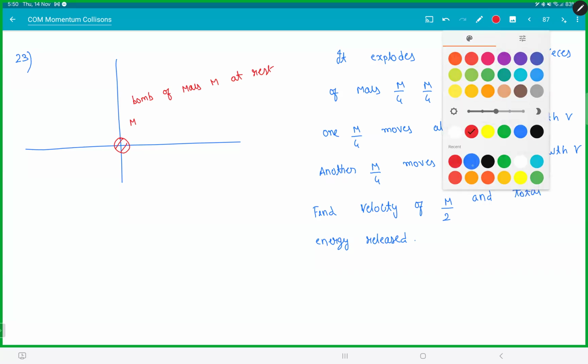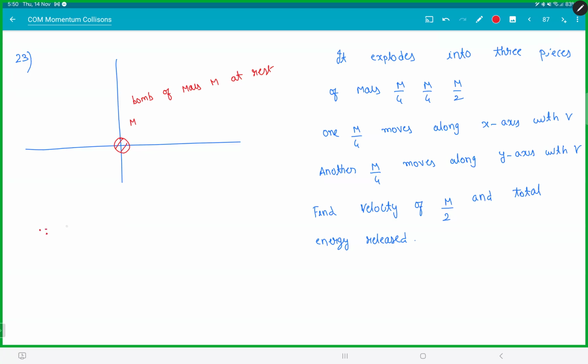Now, the idea in this kind of problems is this. Since explosion is due to internal forces, and internal forces do not change momentum, we are slowly entering the momentum part.